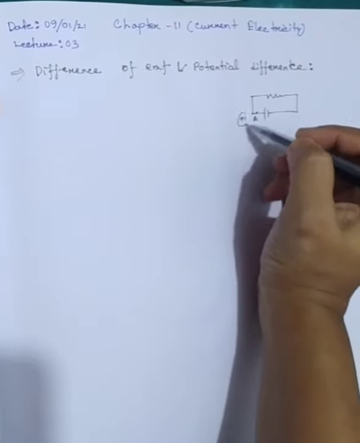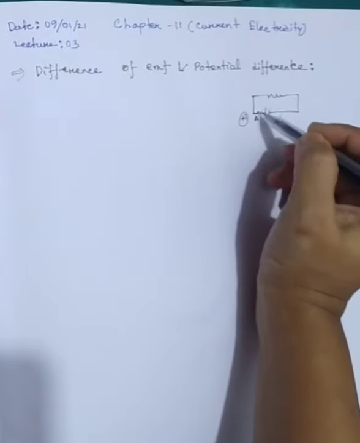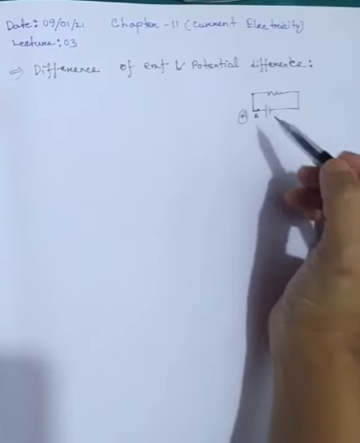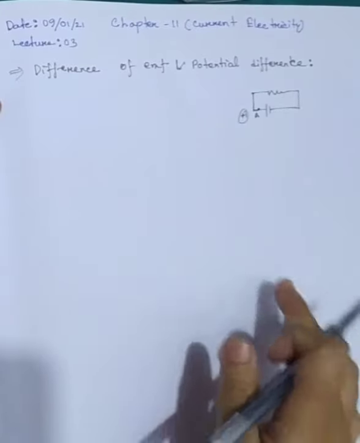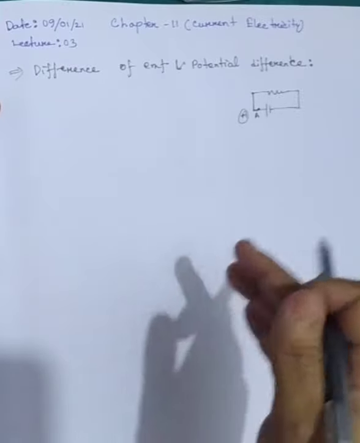In driving a positive unit charge starting from point A, it will come back to the same point, including the battery. So here you have to travel the whole circuit starting from one point.